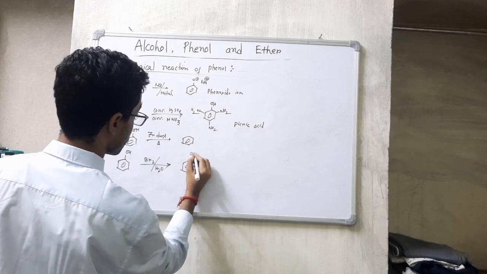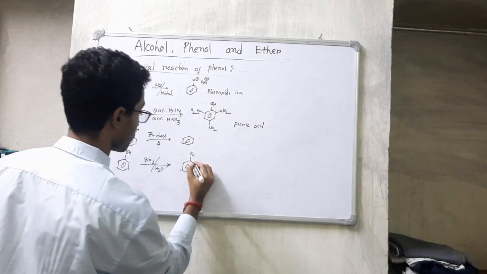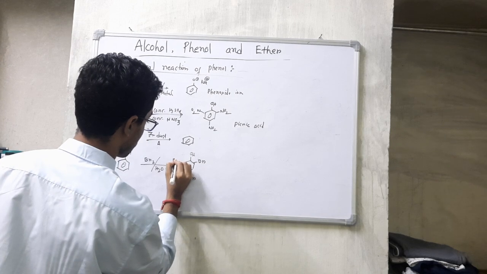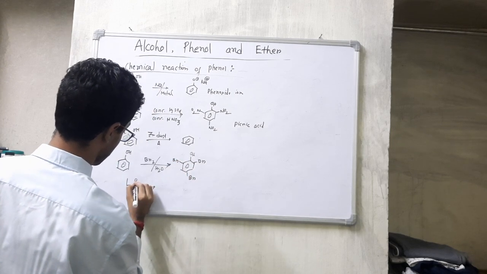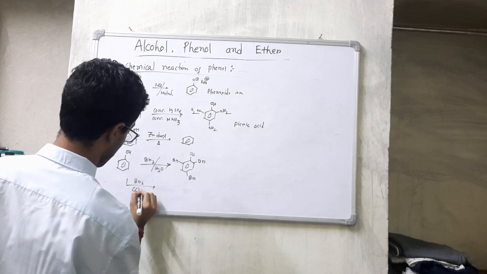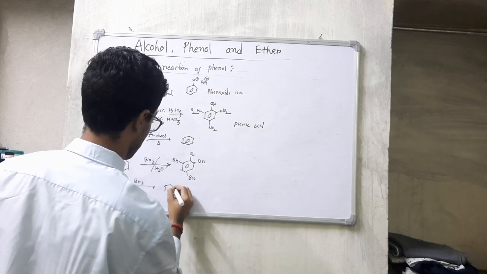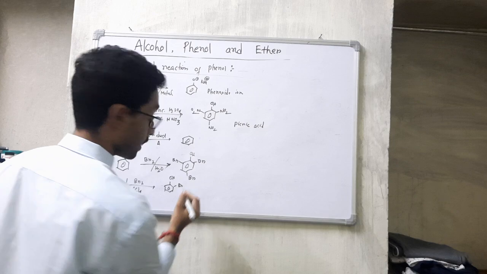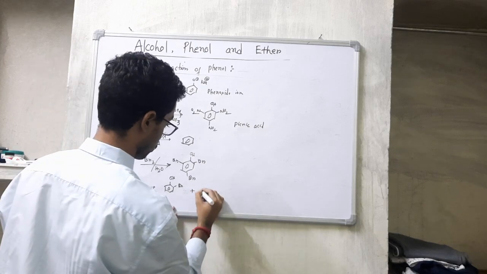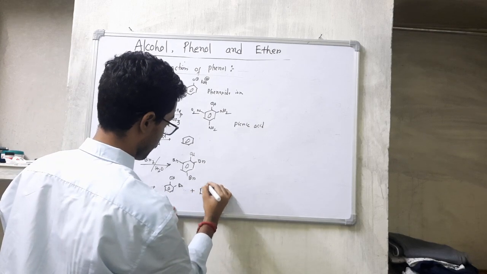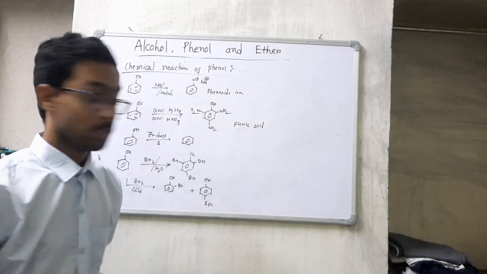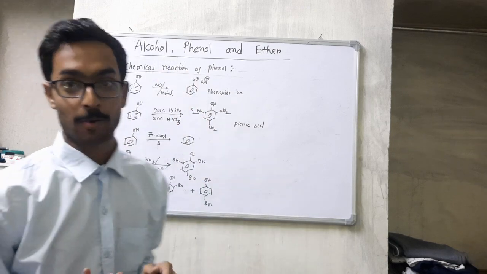If the solvent is water, Br2/H2O, then we get this product. If the solvent is CCl4, Br2/CCl4, then it is a mixture of ortho and para products. So thank you, that's all about my topic.